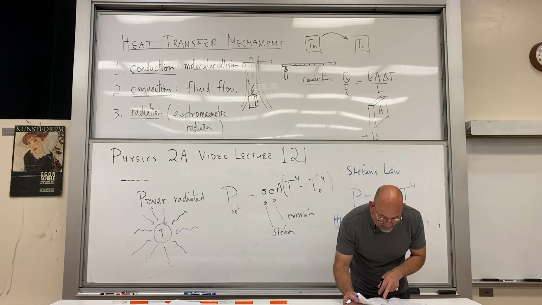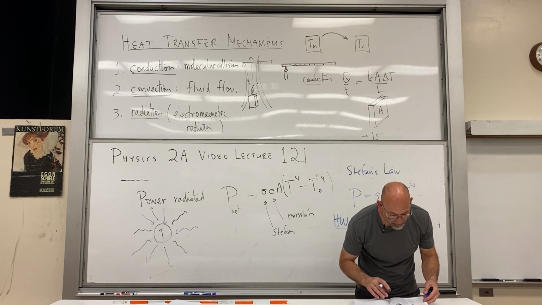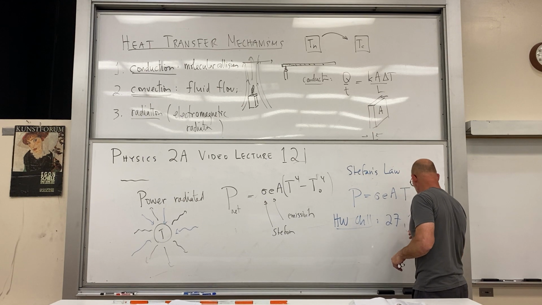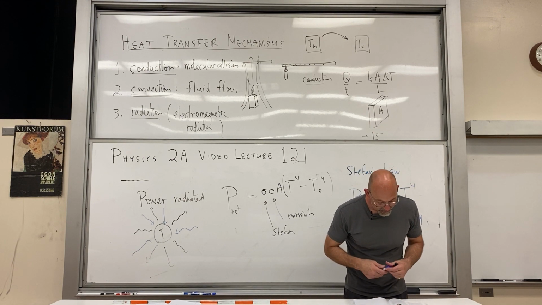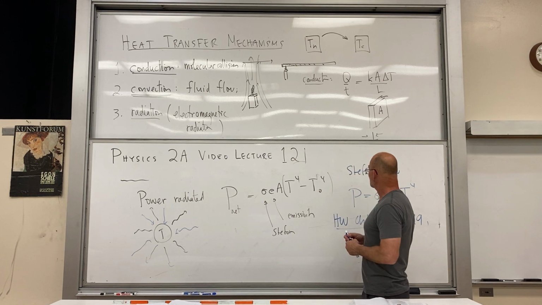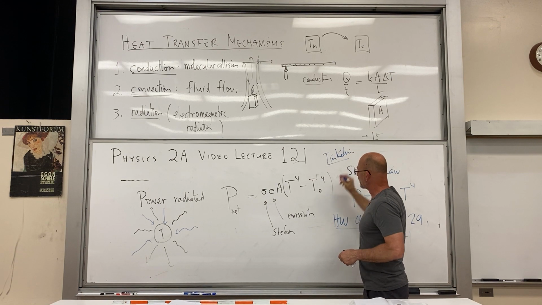In terms of Stefan's law, this is a great one. So this problem 71, let me even read it to you. It says the surface of the sun has a temperature of 5,800 Kelvin. Good point here, these temperatures are in Kelvin. T in Kelvin, important right here.